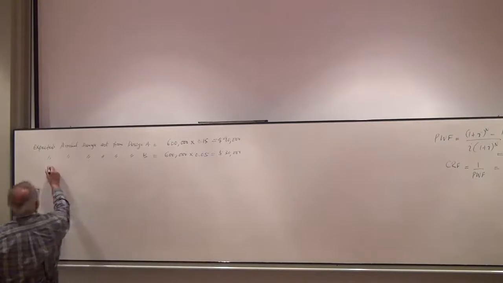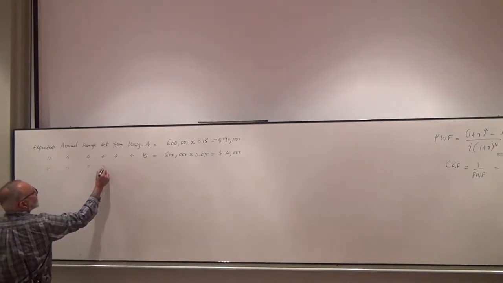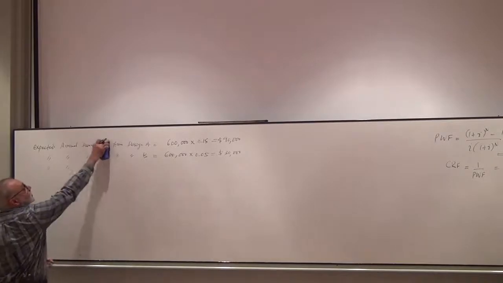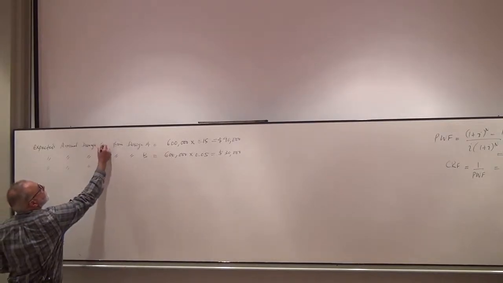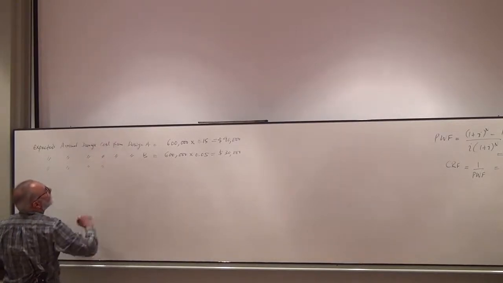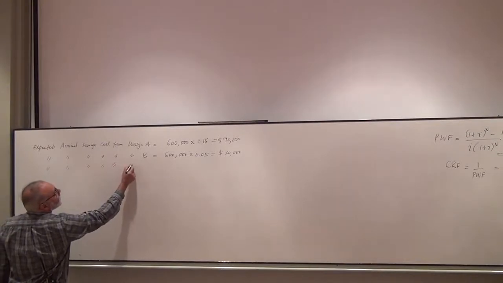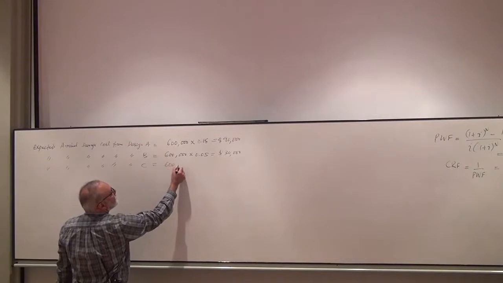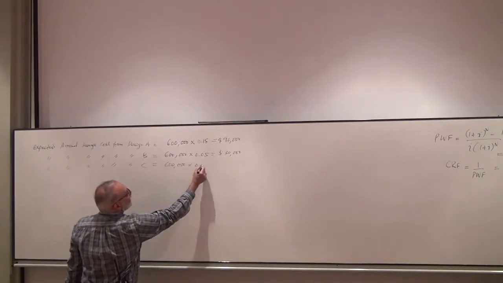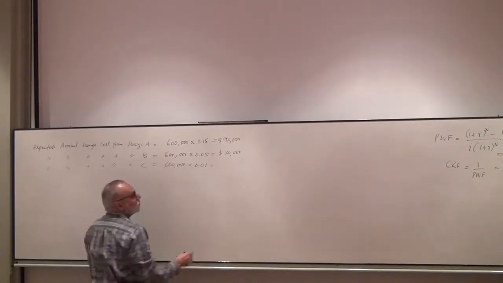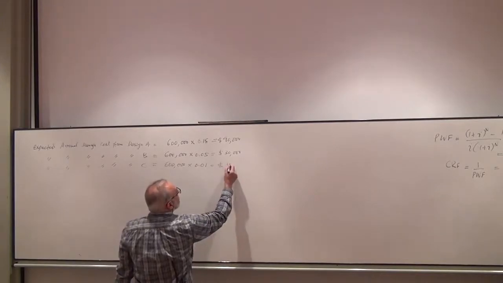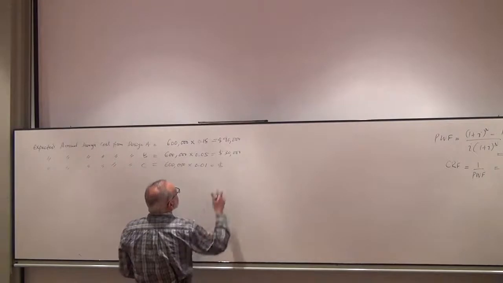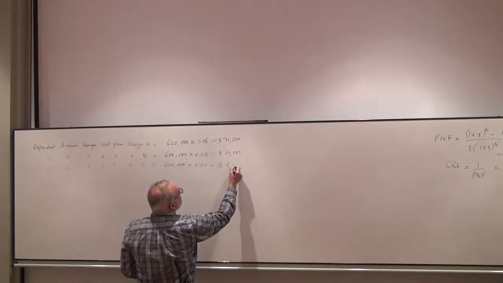And the expected annual damage cost from design C: 600,000 multiplied by 0.01. So this is $6,000.